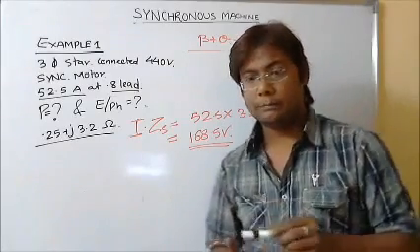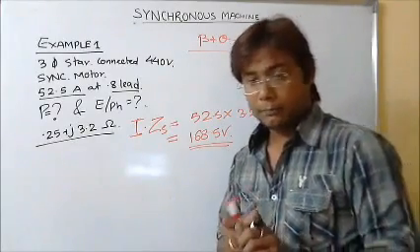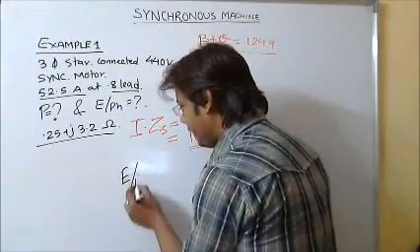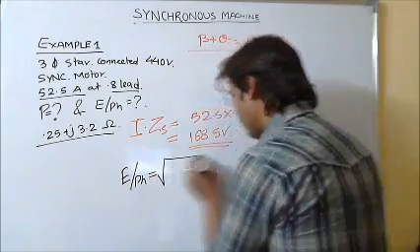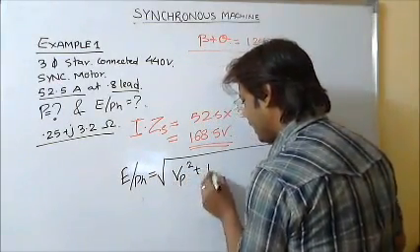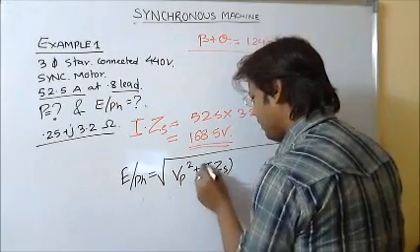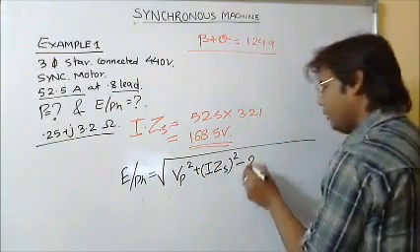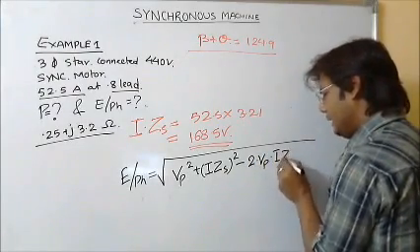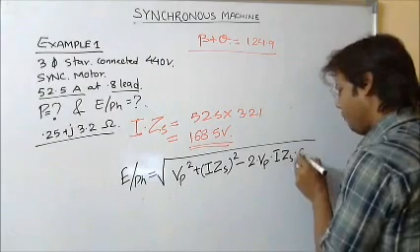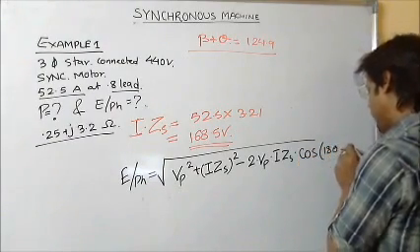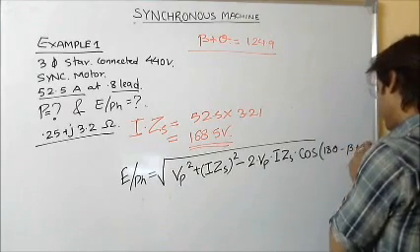So by the formula, E per phase is equal to the square root of Vp square plus Iz square minus 2 Vp into Iz into cos of 180 minus beta plus theta.